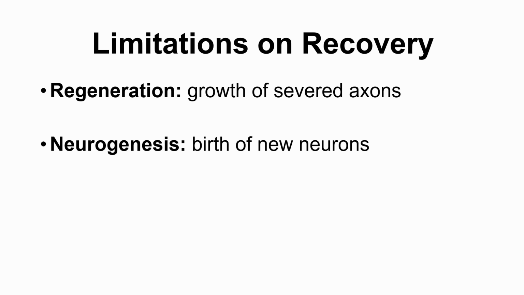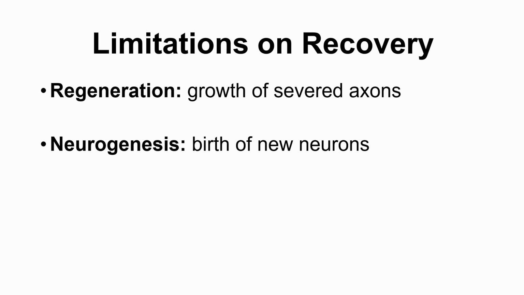Their pathway can either not be findable because they can't navigate anymore, or it might also be blocked by other cells that are in the area. There might be axon growth inhibitors, which are problematic. So there's lots of stuff that can go on and block that kind of regeneration. So it doesn't necessarily happen as often as we would hope it would.